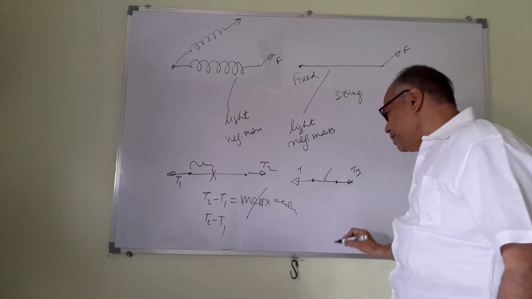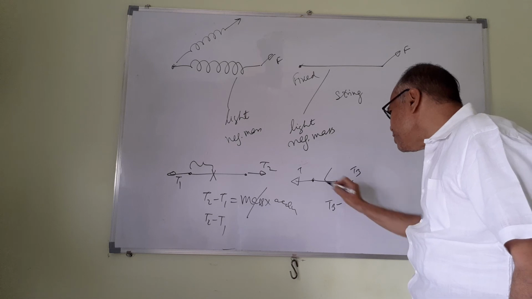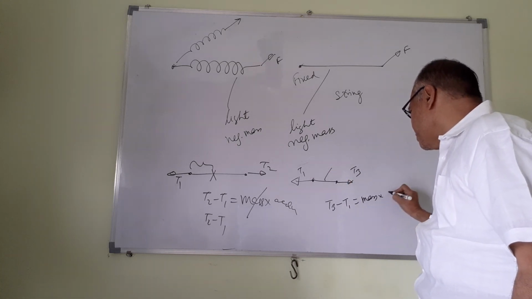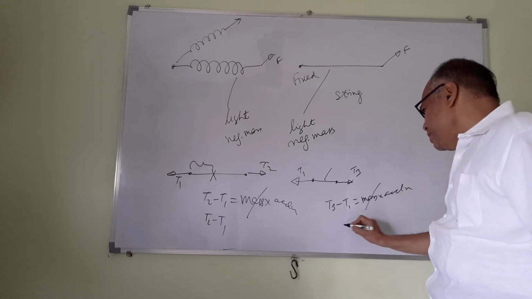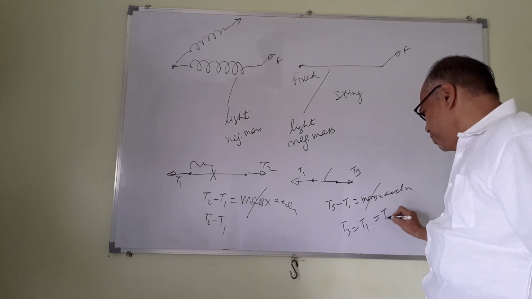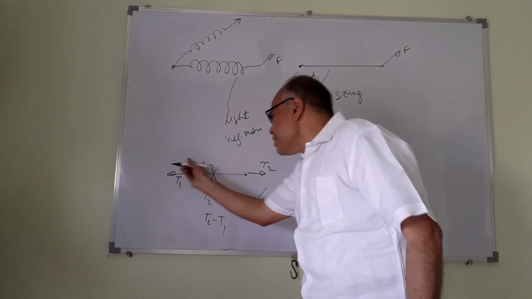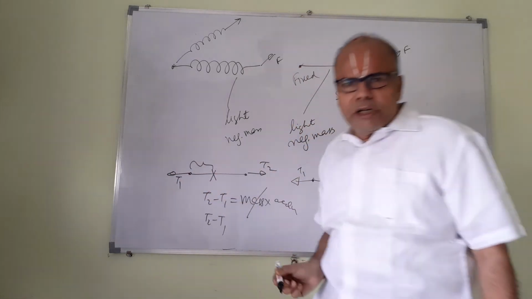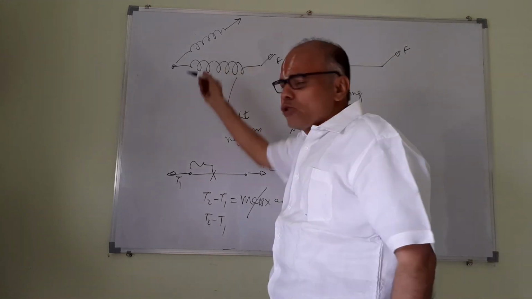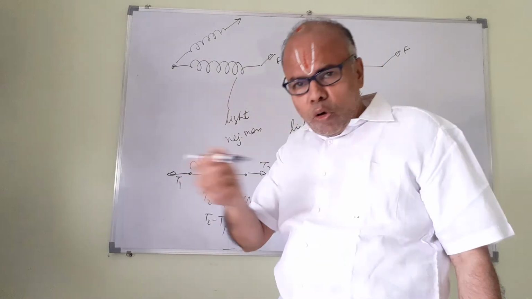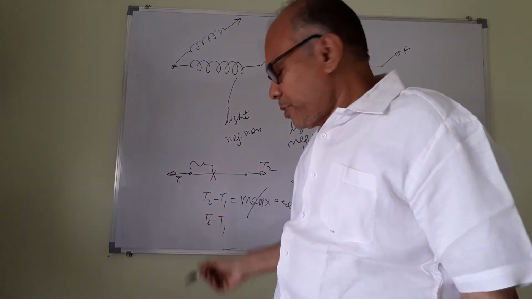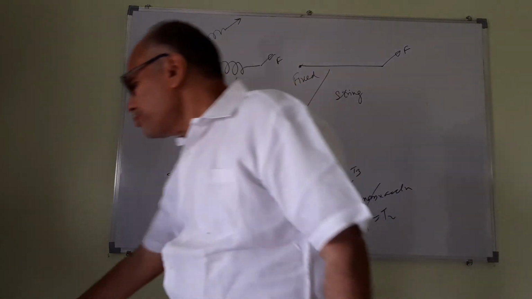Since the mass is negligible, T3 minus T1 is equal to mass into acceleration, so T3 equals T1, which is equal to T2. So the tension is the same throughout the string if it has negligible mass. The same is true for a light spring: the force of tension or compression is the same throughout the spring by the same logic.